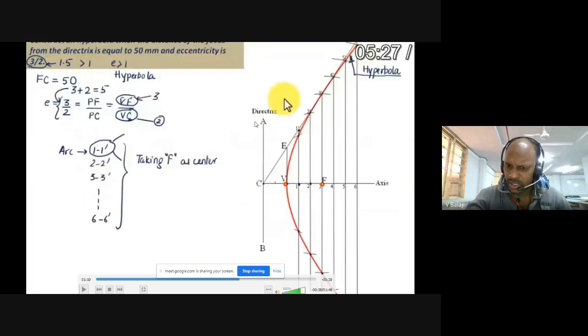If you want to draw these parallel lines, these vertical lines very fast, obviously you need to go by mini drafter only. You cannot draw these vertical lines or parallel lines, the perpendicular lines, easily. It is very difficult using set squares and all. That's why we are recommending the mini drafter.